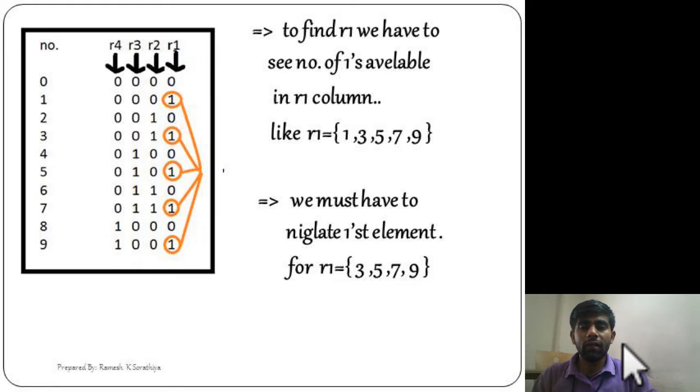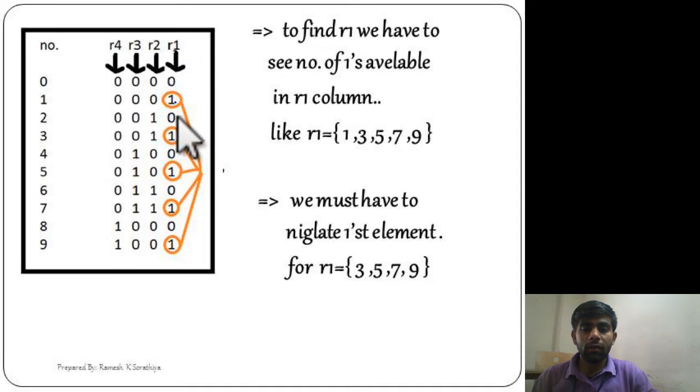In the shown figure, the binary table is available with values 0 to 9 using 4 digits. So 0 starts with 0000, 1 starts with 0001. To find R1's value, we look at the R1 column, where the number of ones are available.